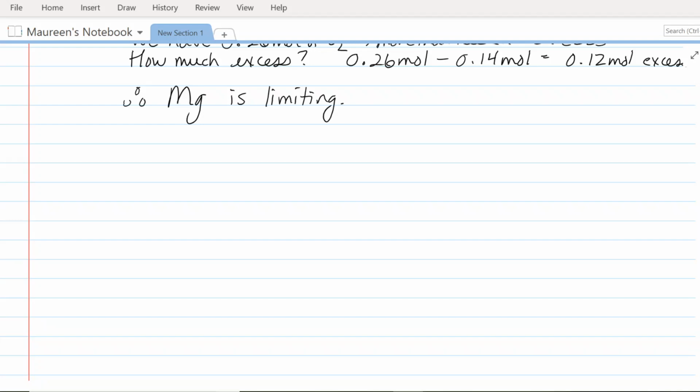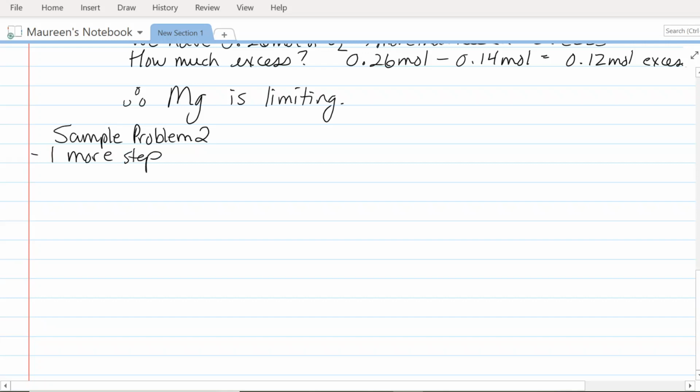Okay, so let's try another problem that introduces just one more step. Sample problem number 2. If you remember before, when you're looking at a balanced chemical equation, only moles can be used with balanced chemical equations.